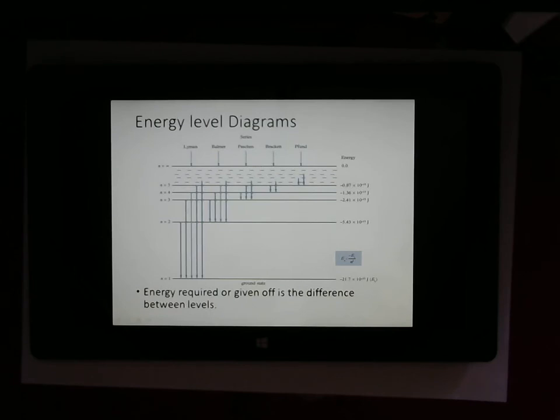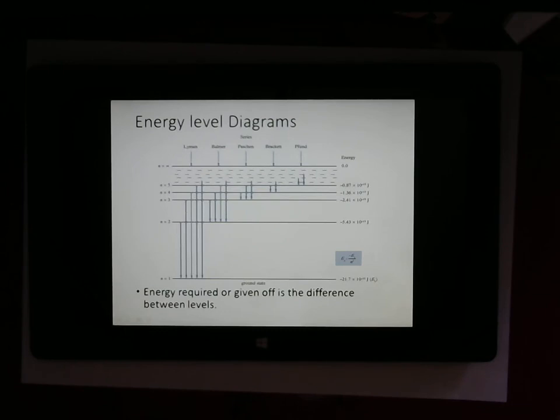If it fell back down, it would then give off 16.27 times 10 to the negative 19 joules. All you've got to do is take the difference. Walding does go a little bit deeper and give you this idea of the relationship, but that's not in the formula booklet, and that's something that can only really work on hydrogen. And if they're going to give you hydrogen, they'll give you the actual numbers, so don't worry about it.